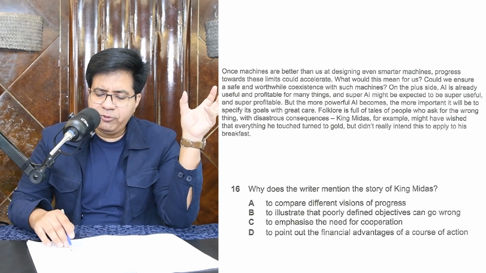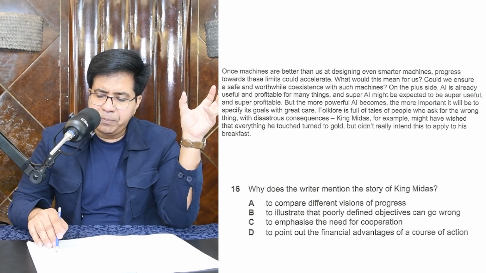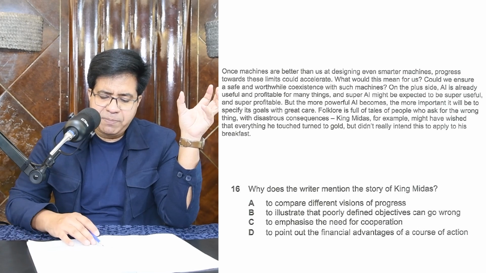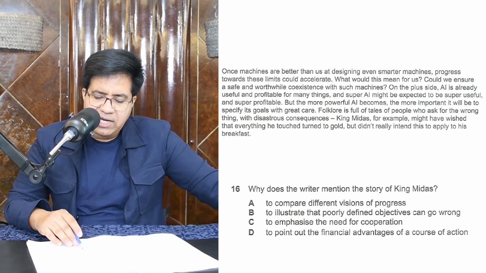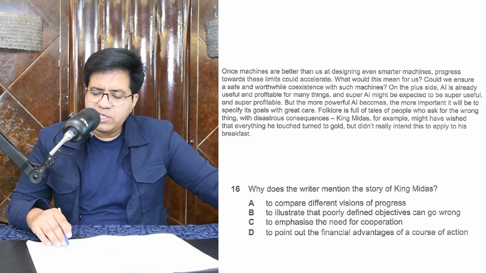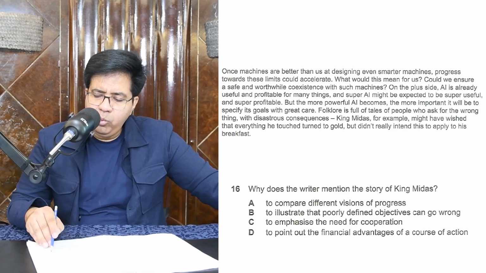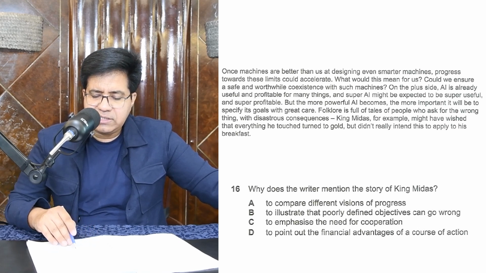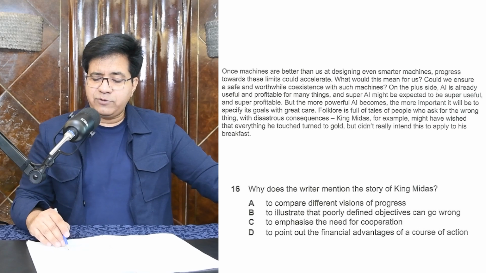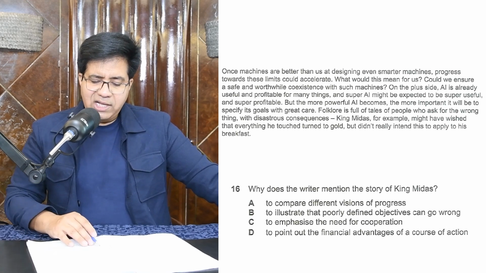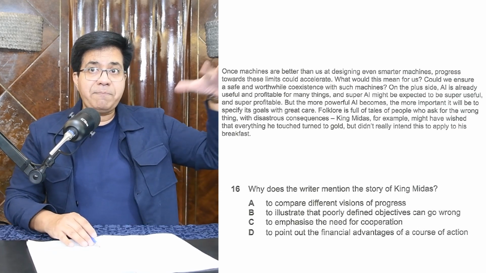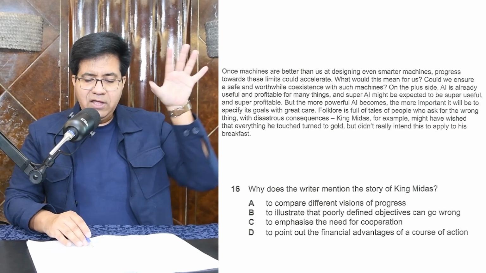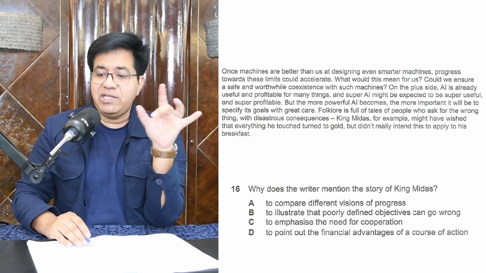But the more powerful AI becomes, the more important it will be to specify its goals with great care. Folklore is full of tales of people who ask for the wrong thing with disastrous consequences. Now, what is it? People asked for the wrong thing with disastrous consequences, meaning results.